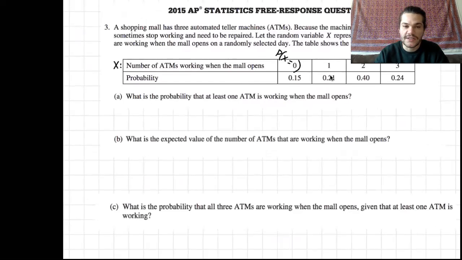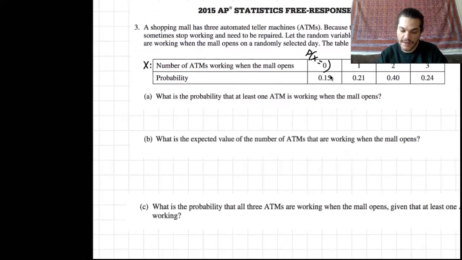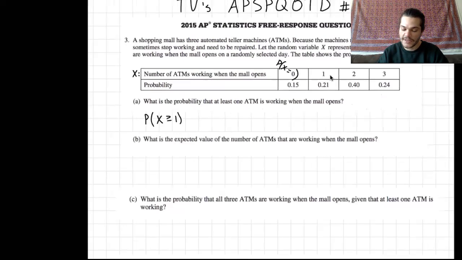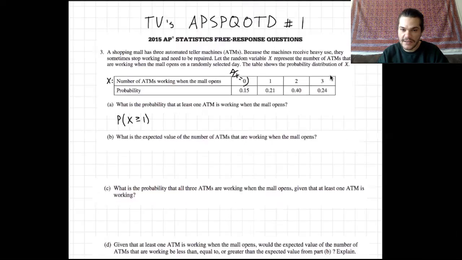And our first question is, what is the probability that at least one ATM is working when the mall opens? At least one means we want the probability that x is greater than or equal to 1. So there's a couple different ways to think about this.